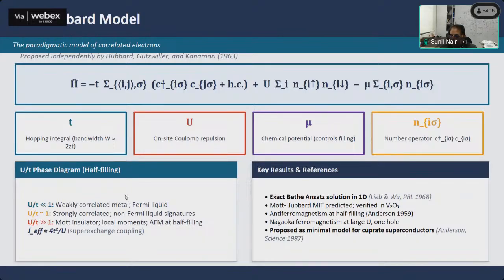And so in that case, you basically get weakly correlated metals or things like Fermi liquids and so on. If they are similar in range, then you actually have a very strongly correlated system. You will not then have a simple Fermi liquid formalism working. And if you look at magnetotransport, electronic transport, or even heat capacity measurements, you will see what is known as non-Fermi liquid signatures.